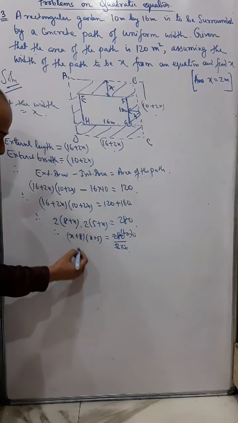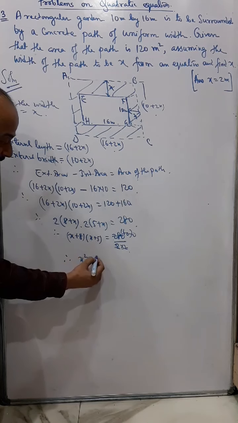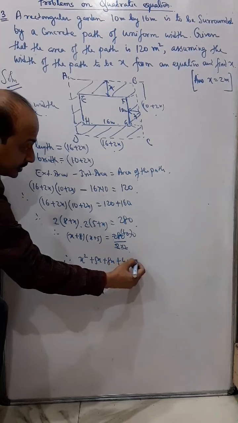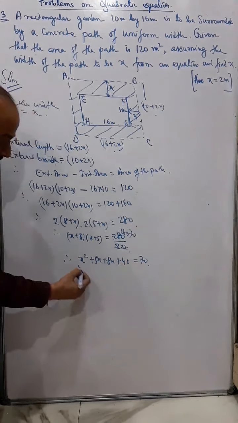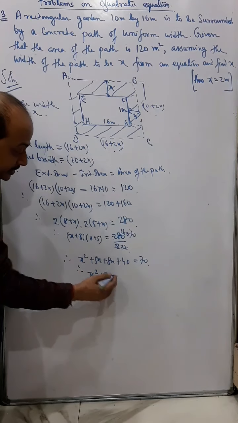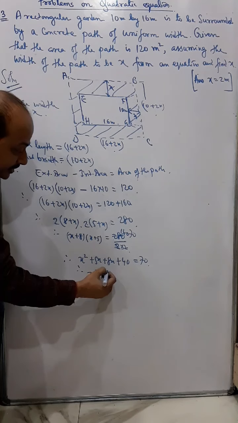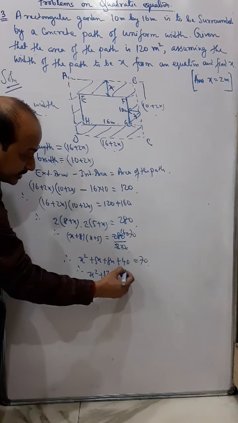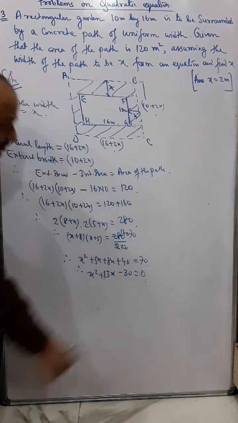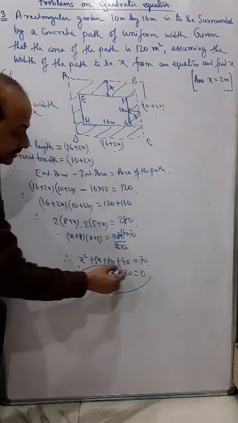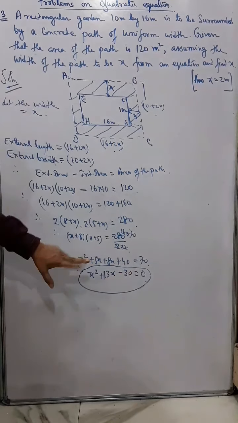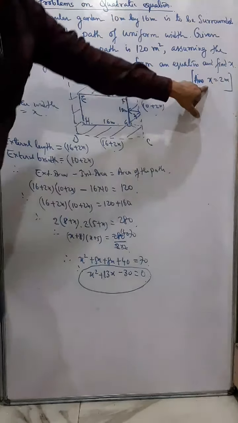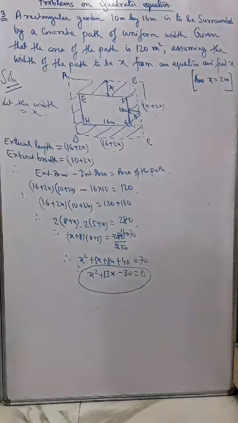So finally what you get? x into x, x square plus 5x plus 8x plus 40 is equal to 70, and finally I get x square plus 8 plus 5, 13x, and then minus 30 is equal to 0. Understand? From here again you get the value of x. Again you will get two values, one positive and one negative. So naturally we will take the positive value and my answer will be 2 meters. Okay.